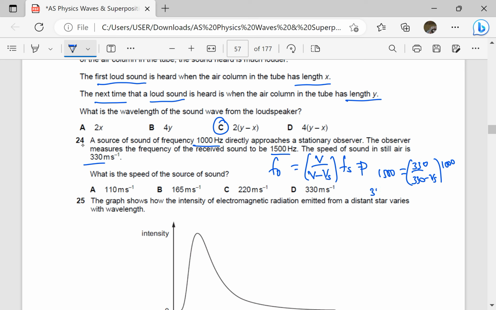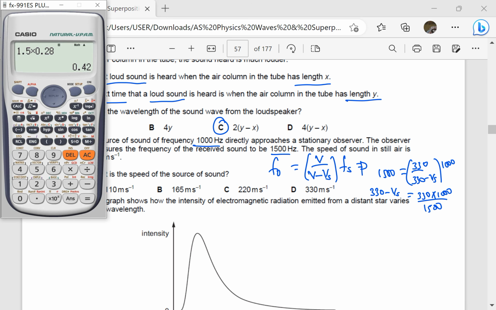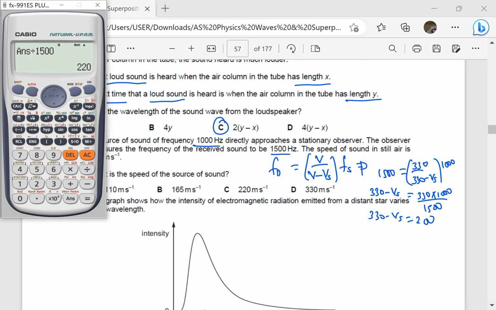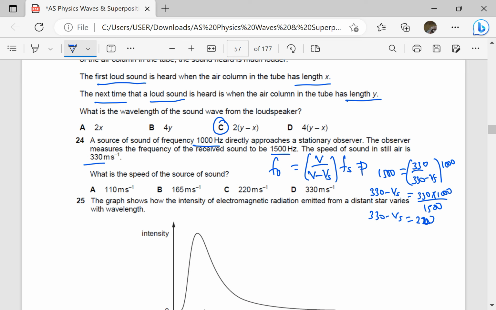Solving this, I'll have 330 minus Vs is equal to 330 times 1000 divided by 1500. So I'll just collect like terms. 330 minus Vs is equal to 220.